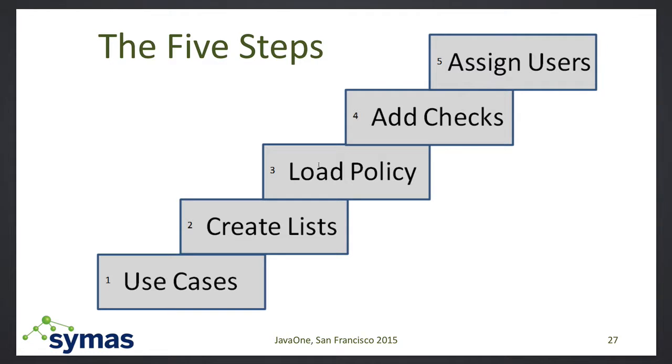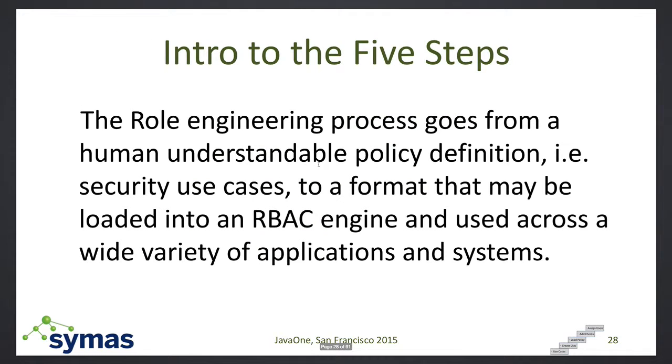That was the description of ANSI Insights 359. Hopefully that makes sense. We are going to be taking that, what we learned there, and applying it in the next section, which is the 5 steps of the role engineering process. The introduction, the role engineering process goes from a human understandable policy definition, i.e. security use case, to a format that may be loaded into an RBAC engine and used across a wide variety of apps and systems.